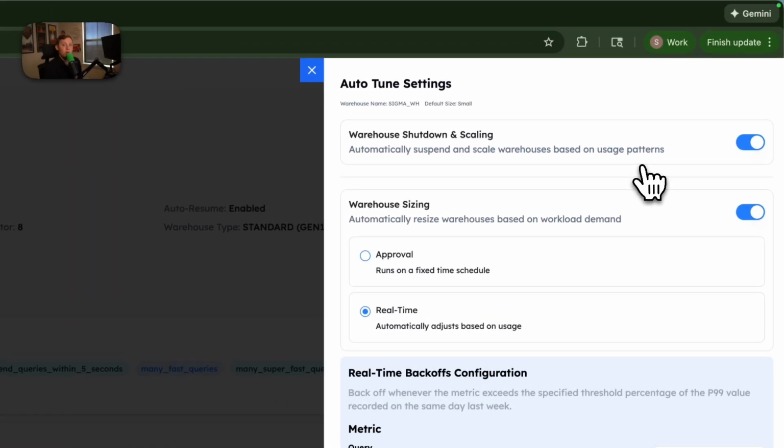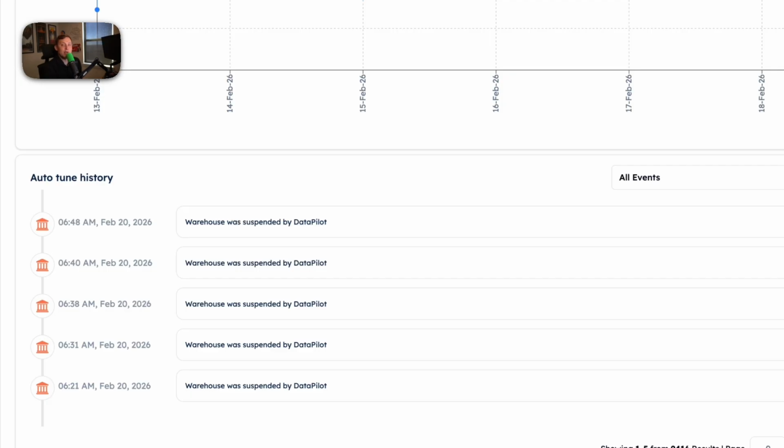You have full control over what type of changes Autotune can make, such as warehouse scaling adjustments, automatic warehouse suspension when idle, warehouse size optimization, and even more. You can choose which optimizations to handle, and the AI handles the rest. And you can see exactly what changes Autotune has made. Full transparency into every optimization. So while you'll still need to manually address things like failed queries or data pipeline issues, the infrastructure level optimizations, those can run on autopilot.